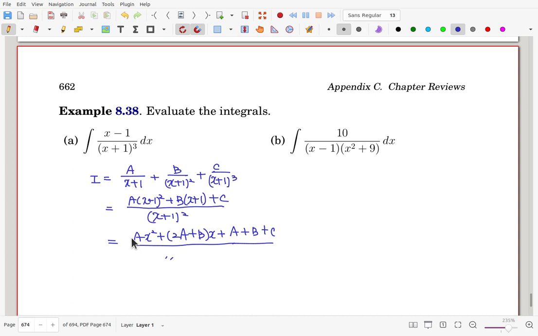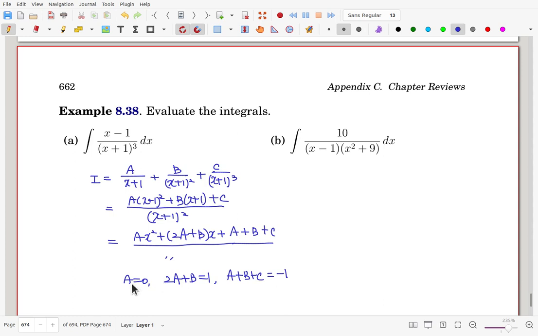So this must be the same as that term. That means for the quadratic term, the coefficient must be 0. For the x term, 2A plus B must be 1, and the constant term, A plus B plus C, must be minus 1.